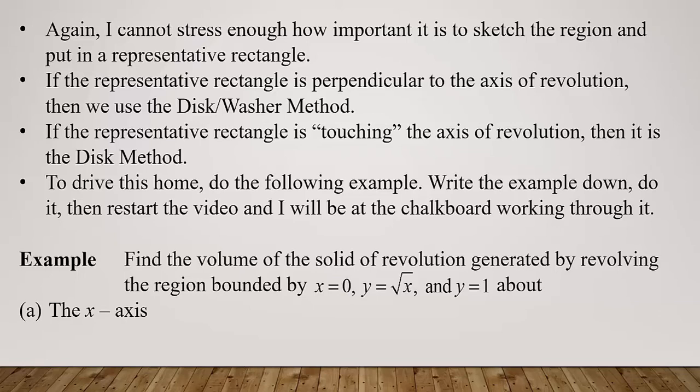Get the volume. In part B, revolve it about the line y equals 1. Get the volume. So pause the video, do parts A and B. Once you've done them, restart the video. I'll be at the chalkboard working through them to make sure that you got them correct.